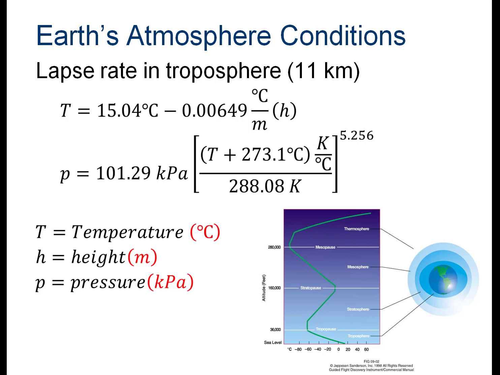So 15.04 here is our measure of temperature at sea level, standard day. And then every meter I go up in height, h, I go down 0.00649 degrees. So the temperature goes down. It's important that you understand this temperature measure is in centigrade.